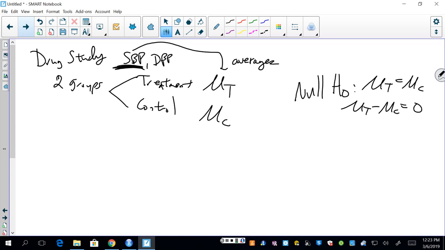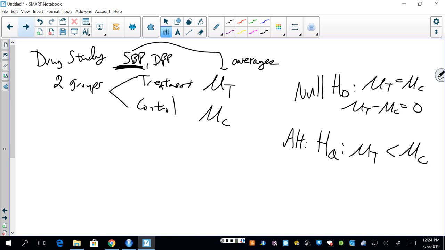And you can either subtract treatment from control or control from treatment, but under the null hypothesis, it's still no effect. Right? The alternative, right, in this case, if the drug is supposed to lower high blood pressure, then we could say that the treatment mean should be less than the control mean.